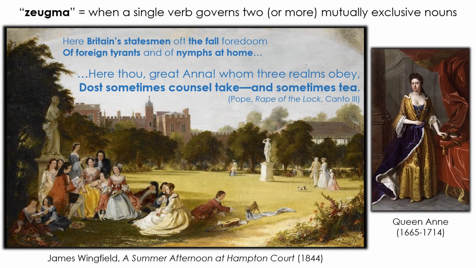As the poem highlights, she discusses the fall of foreign tyrants. So in this part, this is the stuff of national and international concern. You know, this is high epic duty. But then at the same time, governed by the Zeugma, the use of the word take, operating on both counsel and tea, we've got equated there Anne as woman, or in the terms of the poem, a nymph at home.